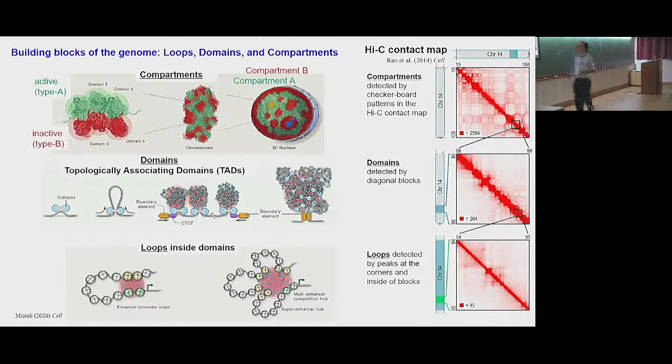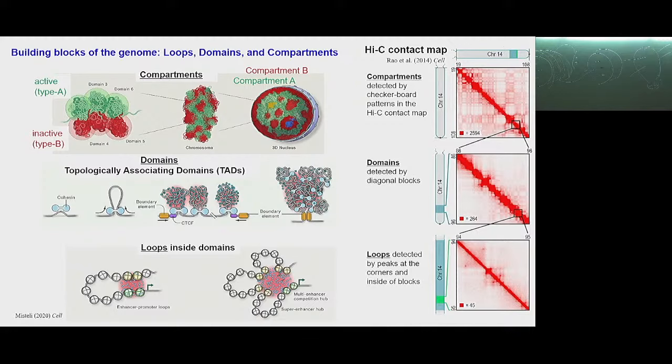But an interesting thing is that there are many efforts to classify domains, but roughly speaking, we have two types of domains, type A and type B. The names A and B were given in a 2009 paper, but anyway, people usually use this naming.